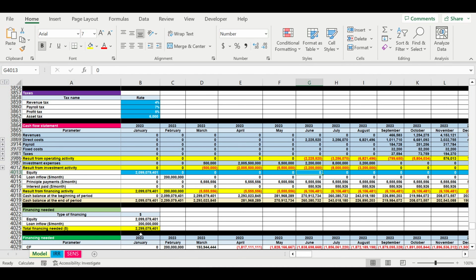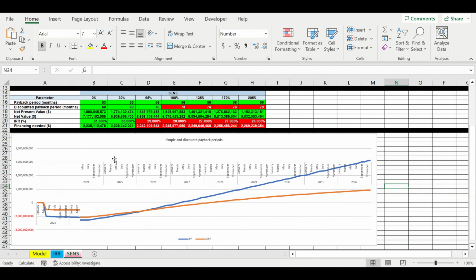Then they look at the results of the simple and discounted payback period, net present value, internal rate of return, then financing needed.